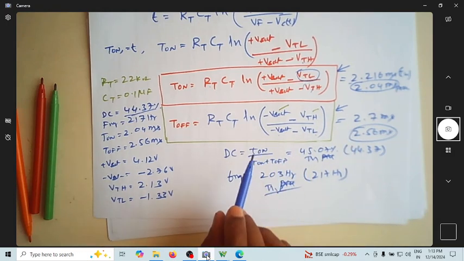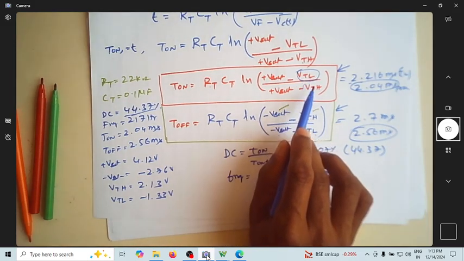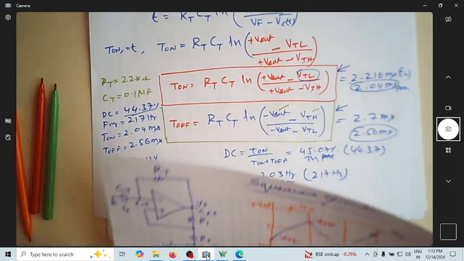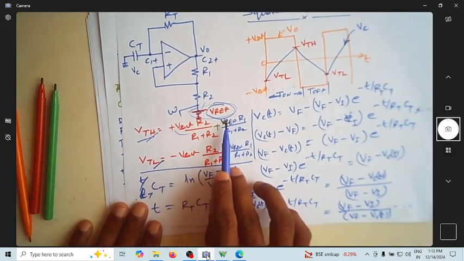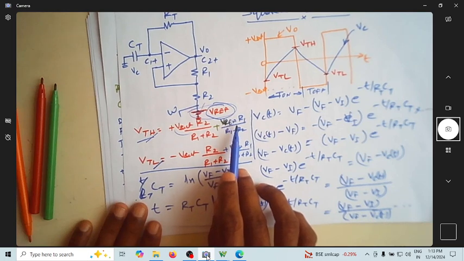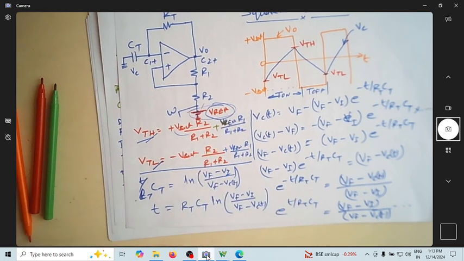The only thing is that the VTL and VTH expressions will have one extra term due to V reference, that is this term. That's how you can get duty cycles of different values even with only one resistor.